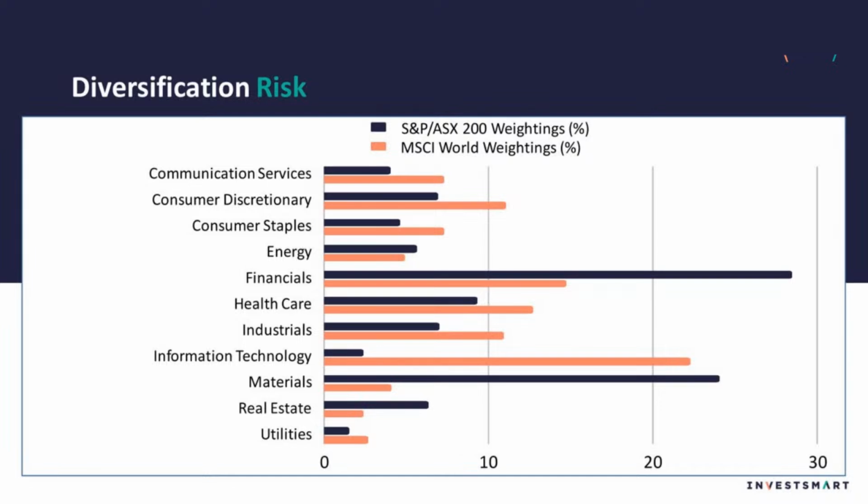Yeah, absolutely. And the short answer is I don't think you are swapping one diversification risk or lack of diversification for another. If you just look at the chart there, the MSCI is very diversified. Even the information technology sector is only just over 20%. And the next largest is financials at around 15%.